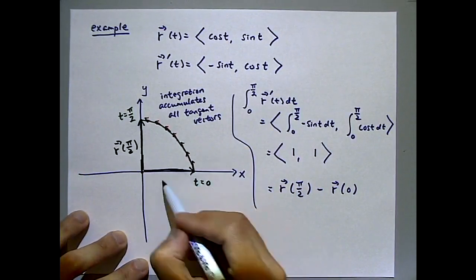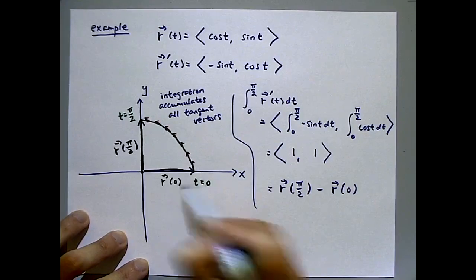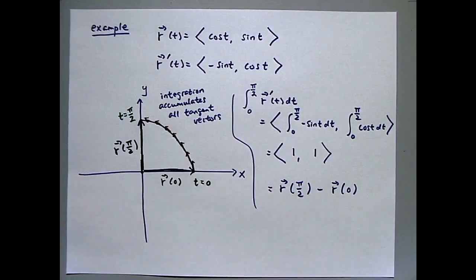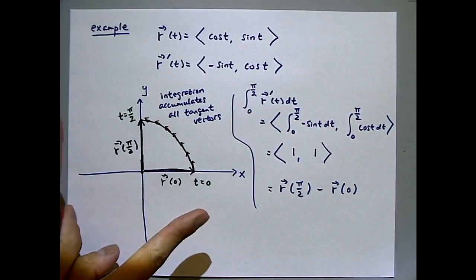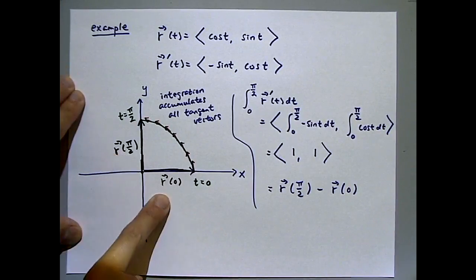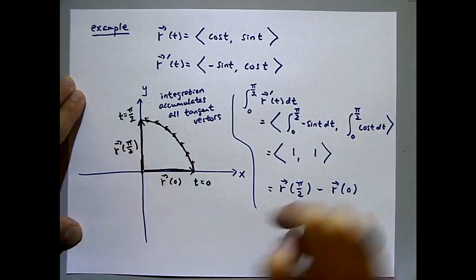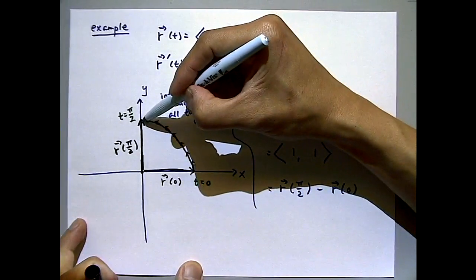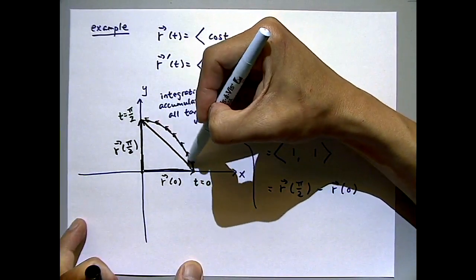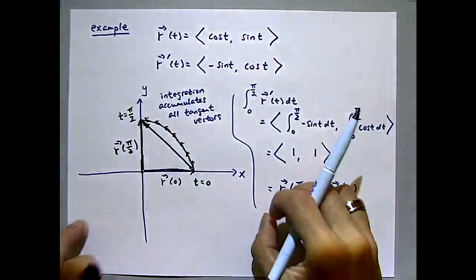And this is the position vector at 0. Right? So when you integrate all these tangent vectors, what you end up getting is the difference of these two vectors. This guy minus this thing. And that vector will end up looking like this. This diagonal one.